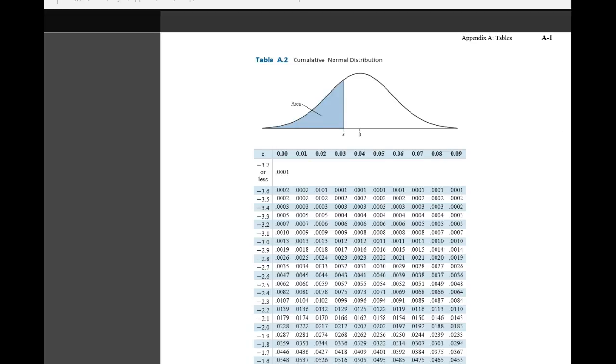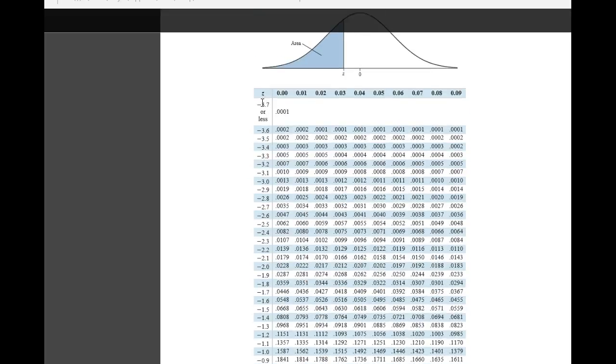And it is going to show you the z value. Recall that when we were calculating z-scores before, we always rounded to 2 decimal places. And so the whole number and the first decimal place are here in this first column. The second decimal place is along the top row.